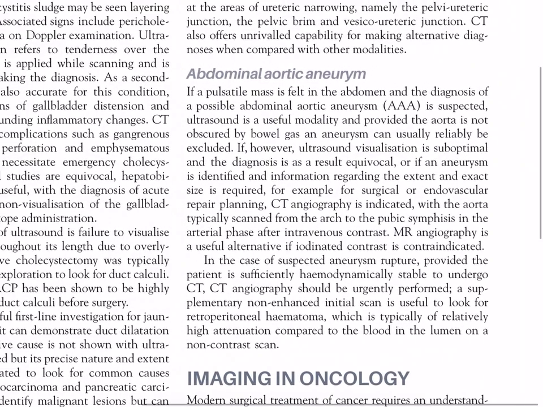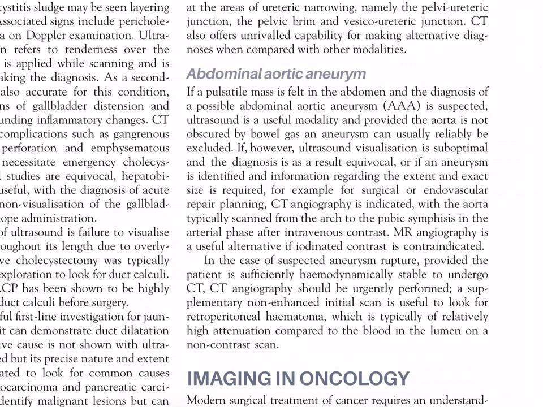Coming to abdominal aortic aneurysm, if a pulsatile mass is felt in the abdomen and the diagnosis of a possible abdominal aortic aneurysm is suspected, ultrasound is a useful modality, and provided the aorta is not obscured by bowel gas, an aneurysm can usually reliably be excluded.